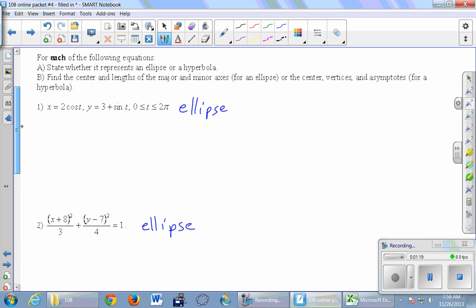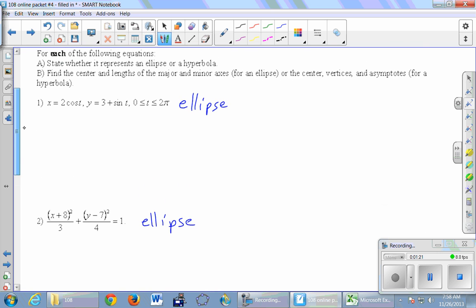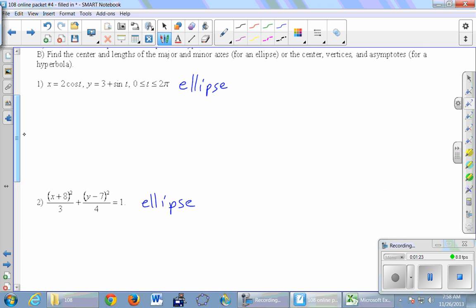And now let's see if we can find all the pertinent information for these other examples. So going back to number one, what we need to do is find the center and then the lengths of the major and minor axes.